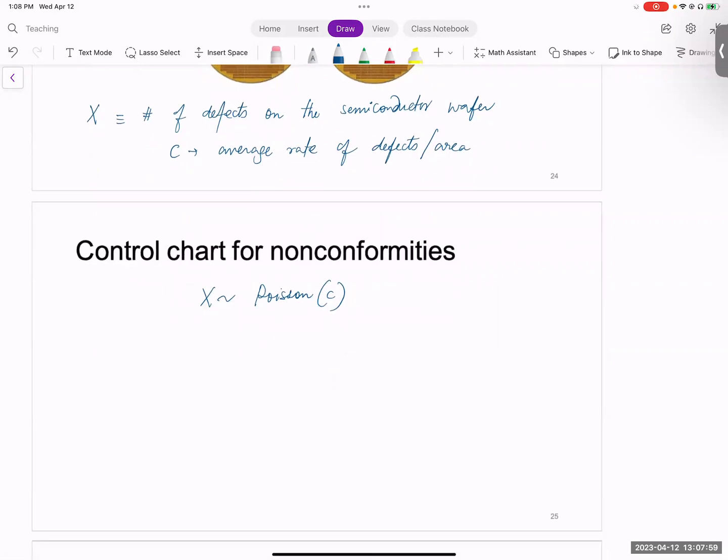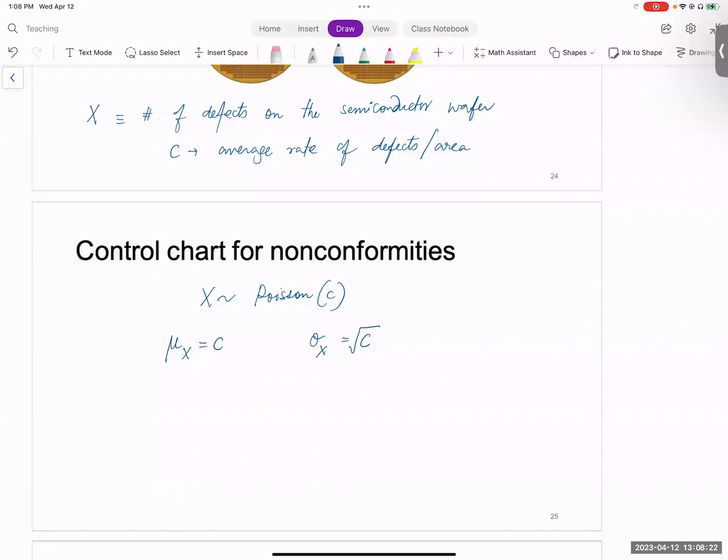If I have to construct a control chart for non-conformities, all I need is mu of X and sigma of X, right? Mu of X is C, and sigma of X is square root of C, because the variance of a Poisson is just its rate.